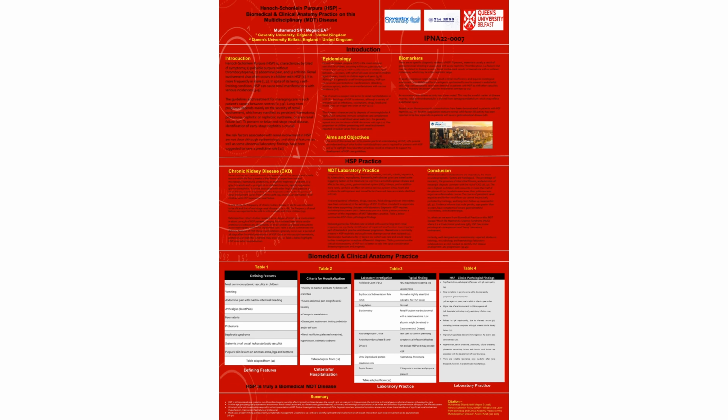I'm now going to talk a little bit about Henoch-Schönlein Purpura in the context of chronic kidney disease and laboratory practice as well. Renal involvement rarely precedes the appearance of the purpura, and usually occurs within the first 3 weeks of the illness.